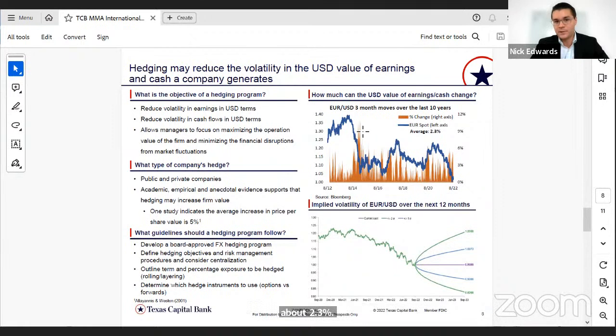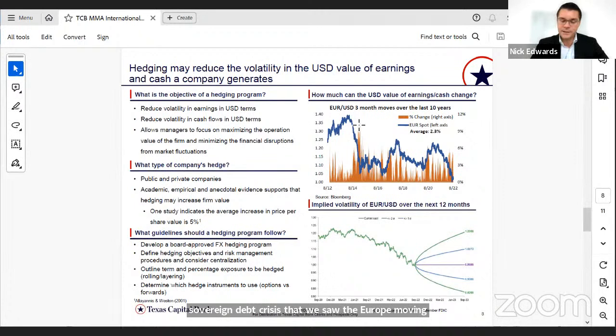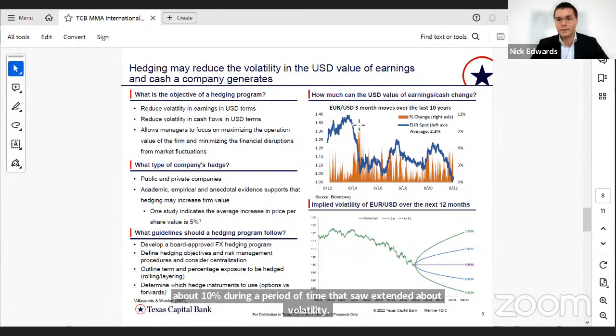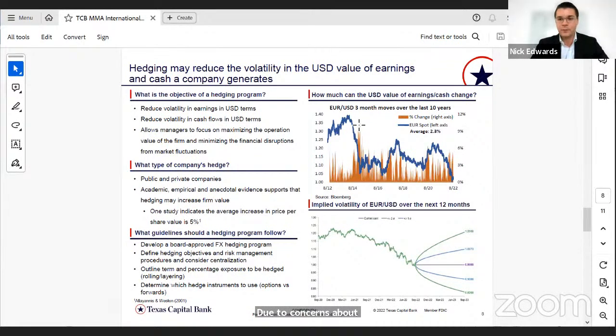But there are certain times, like during the European sovereign debt crisis, that we saw the euro moving about 10% during a period of extended volatility due to concerns about what European debt could do for the various countries between the North and the South.